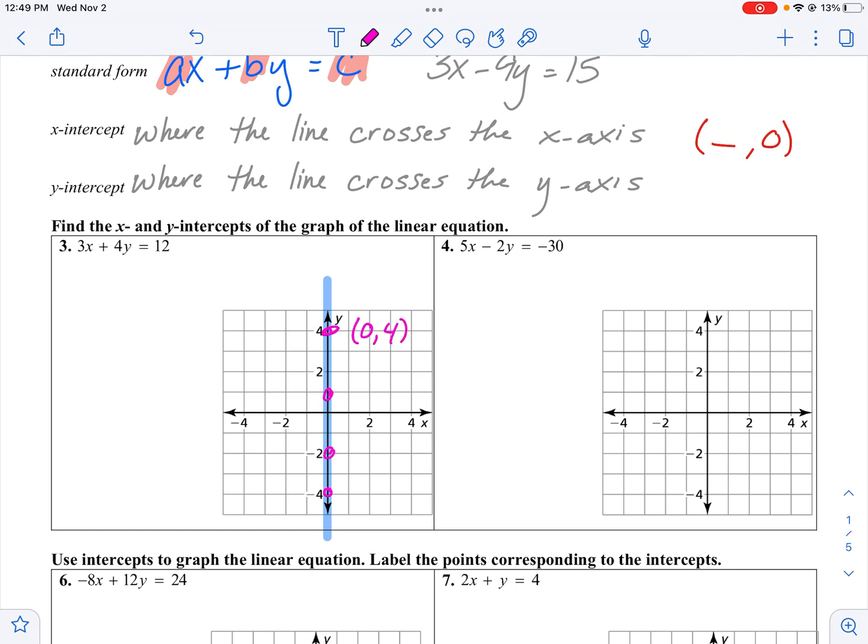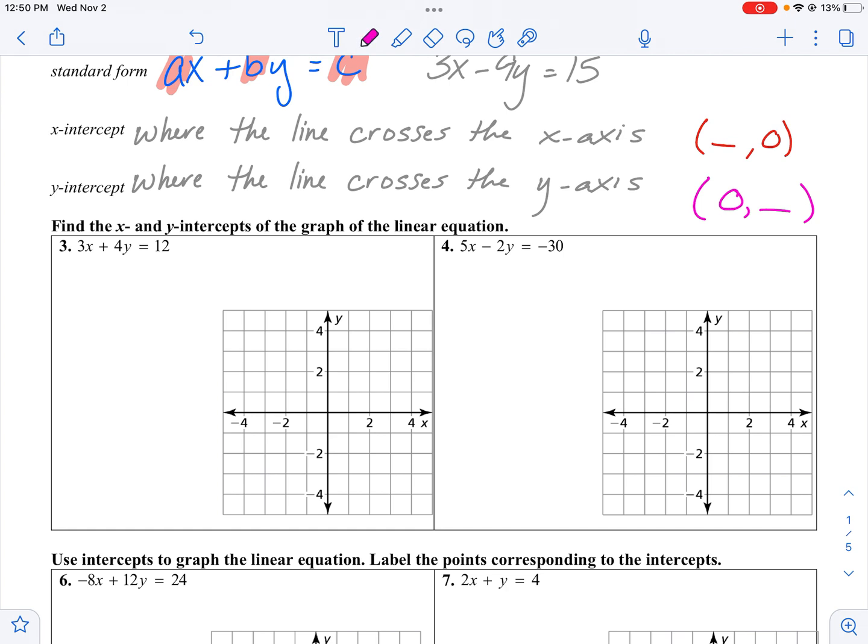So your coordinates would be 0, -2, 0, -4. The number that never changes in the y-intercept, the x, is 0. So you'd have 0, comma something. Now your y value, of course, can change. All those y values are different, but the x's will never change.